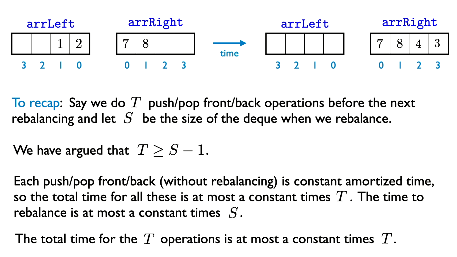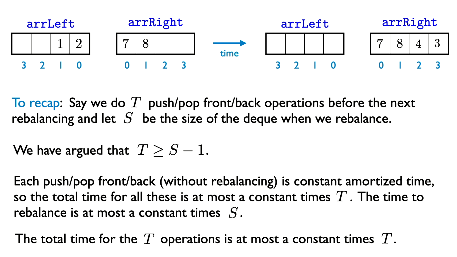Okay, so let's just summarize what we've shown. We do t push and pop operations until the next time that we have to rebalance. We know that each of these push and pop operations takes constant amortized time. So the total time for all these operations is at most a constant times t.